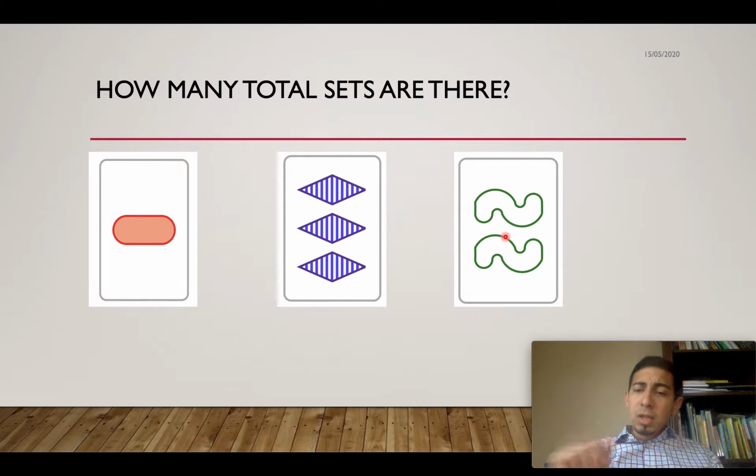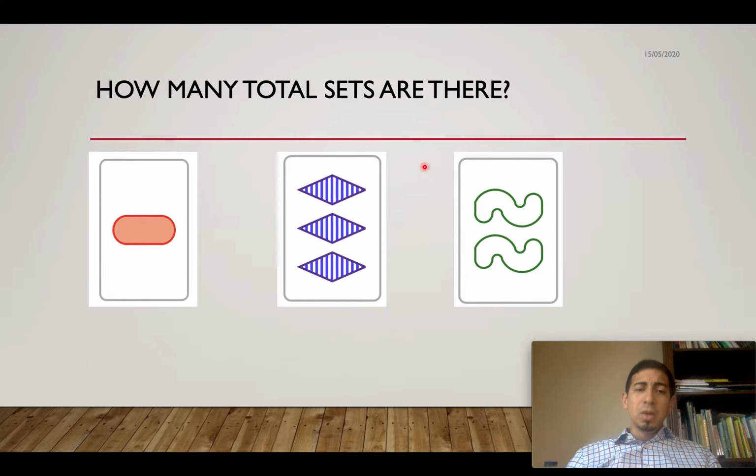We have to be a little bit careful because we're double counting. For instance, if I grab these two cards initially, then I know that this third one is the one that forms a set. But if I had grabbed these two instead, then the third one that forms a set is this red one, and it's still the same set. So I'm double counting that set. And if I had initially grabbed the first card and the third one here, then the other one that forms a set is the middle one.